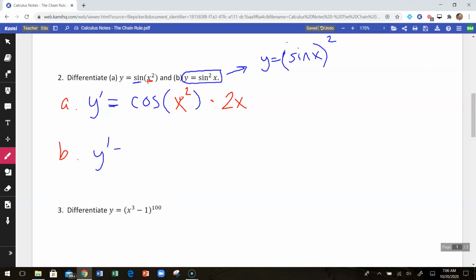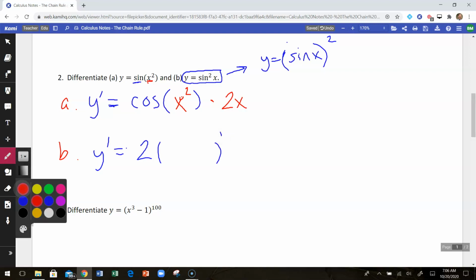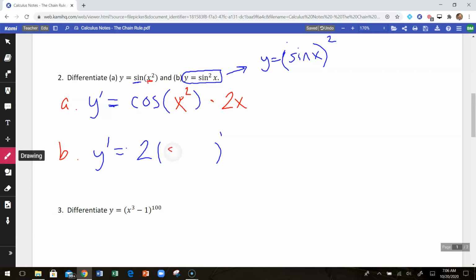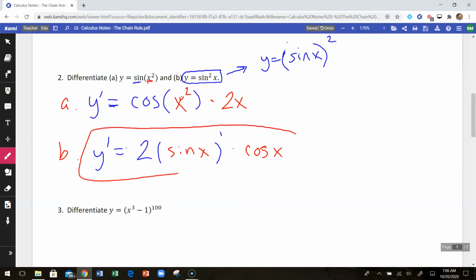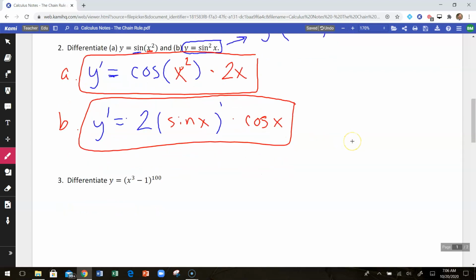So the derivative of this is going to be to first do the power rule, which would be multiply the 2 down, subtract 1 from the exponent, so I get 2 times sine x to the first power, and then I'm going to multiply by the derivative of the inside function, which is the cosine of x. Okay, so a subtle difference there in how that was presented can give you completely different answers.